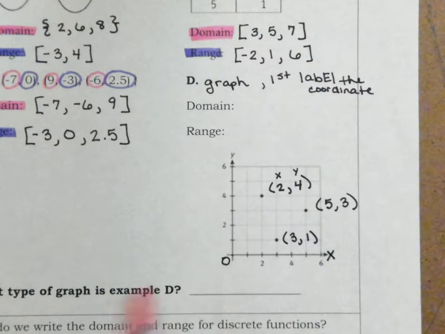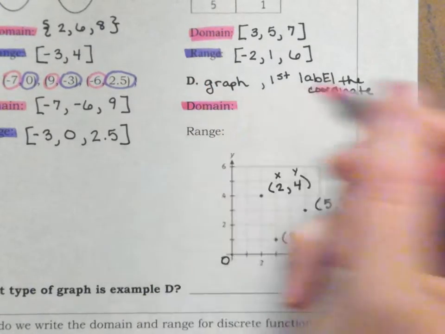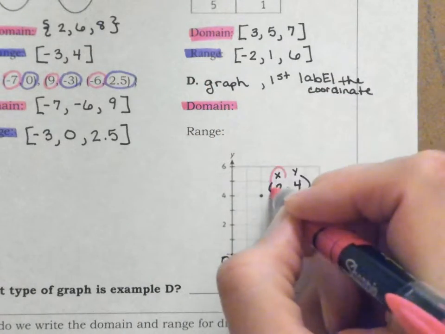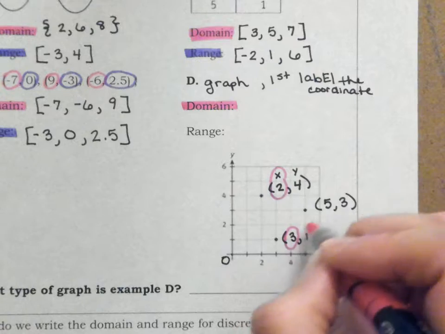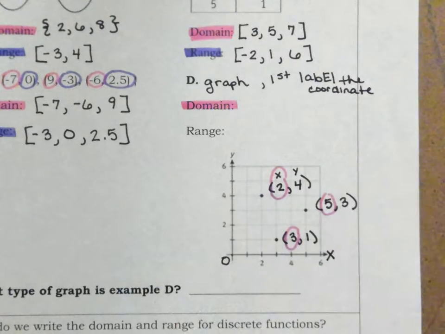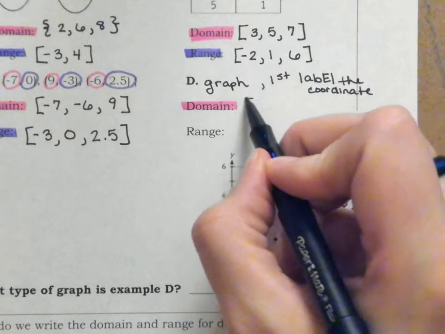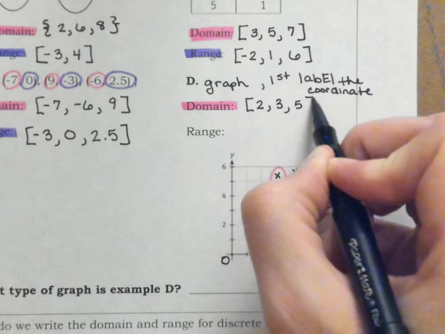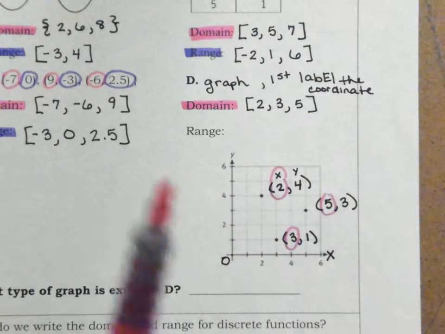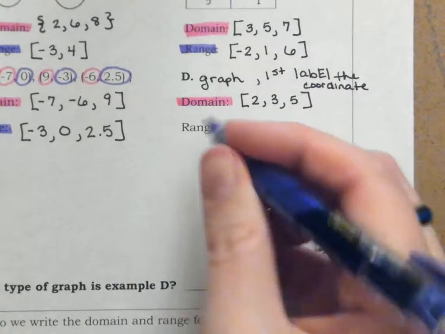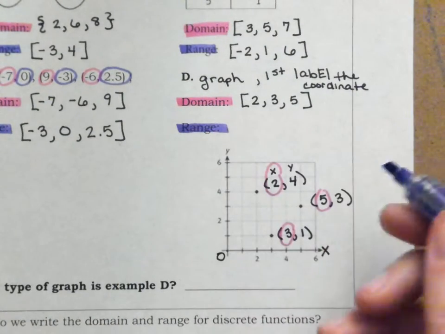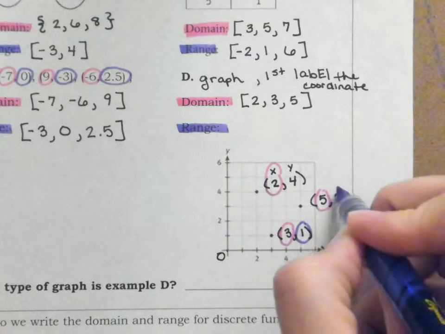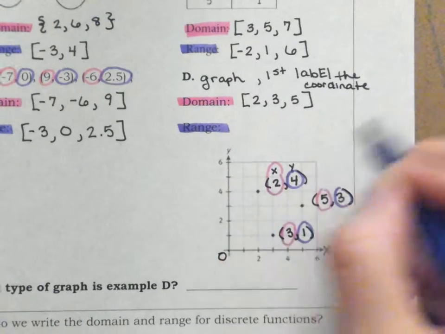And again, your domain are all of the x values, and now that I have them written out, it's a lot easier to see what the domain is. So it's 2, 3, 5. And then my range is all of the y values, 1, 3, 4.